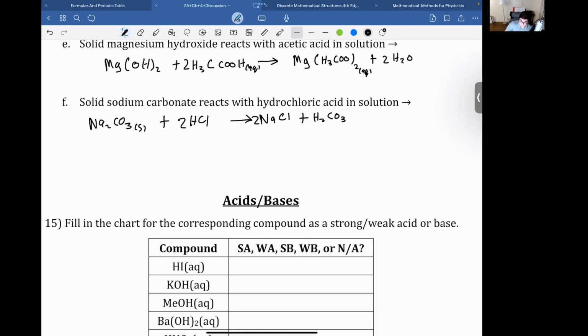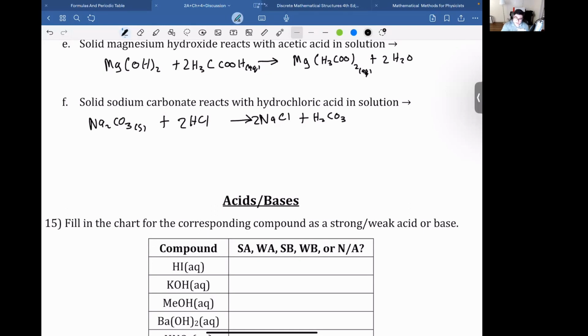Okay, so that's the first step. Now, the one thing that actually does happen here is that there's another reaction, where this carbonic acid turns into CO2 and H2O. So you also have to know that.